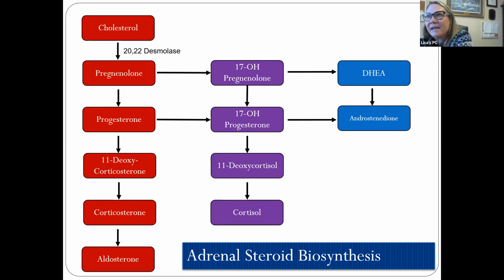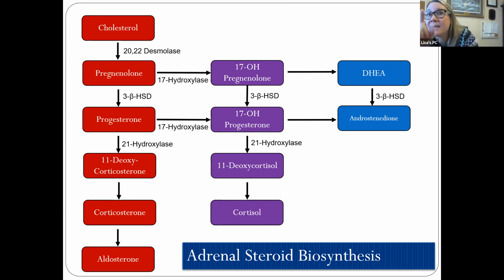So just so you know the names of the enzymes: 20,22 desmolase; 3-beta hydroxysteroid dehydrogenase, 3-beta HSD, which is expressed in all 3 layers of your cortex. 21 hydroxylase is only expressed in the glomerulosa and fasciculata, as is 17 hydroxylase, which converts those 2 up there, and then 17,20 lyase does that conversion. 11 beta hydroxylase is in your glomerulosa and fasciculata, and then aldosterone synthase is only in your glomerulosa.